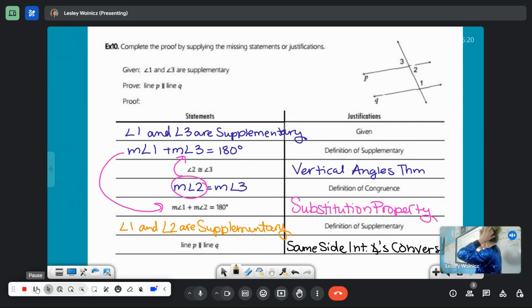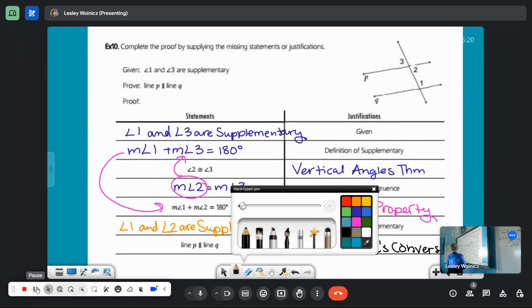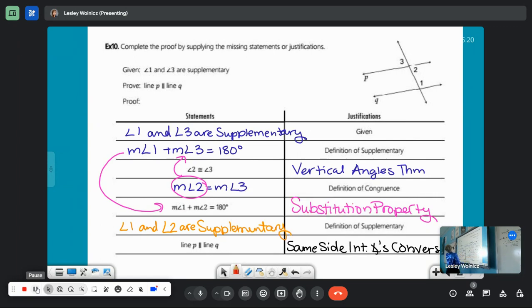So if instead of giving us angles 1 and 3 are supplementary, what if they had given us angles 2 and 5 are congruent?